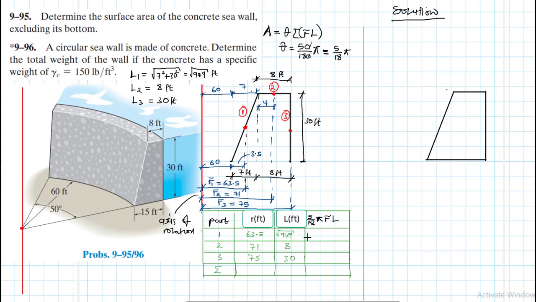Then we find 1707.0183, right? Of course, 63.5 by root of 949 times 5 pi divided by 18.